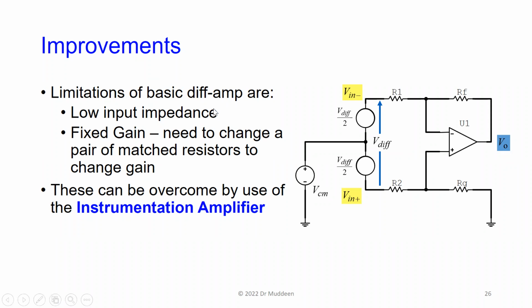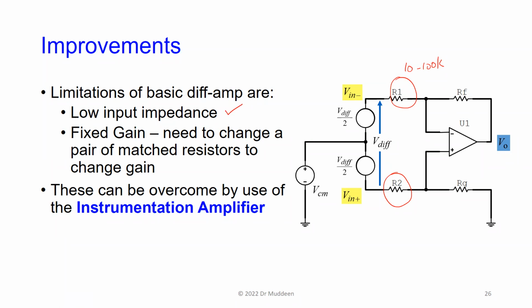First off, the differential voltage coming in is seeing either R1 or R2 as the input. Those would typically be 10 to 100K, which is fairly small. So the input impedance is a little bit low.